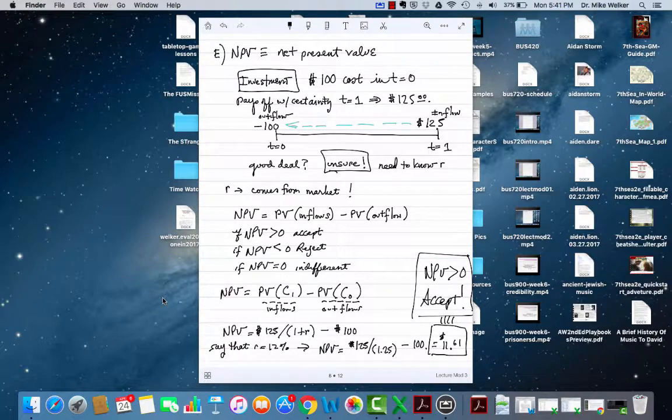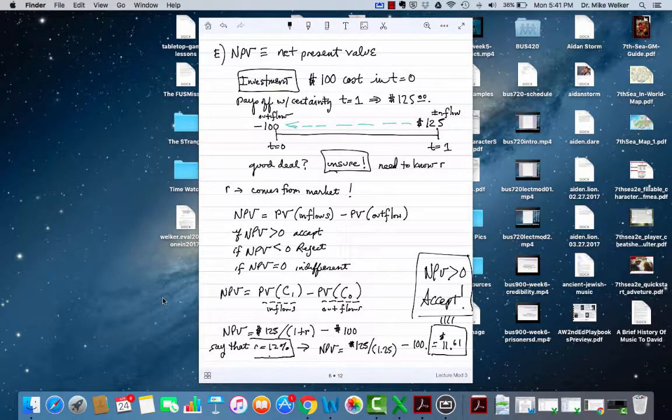Now, the alternative way to think about that is, I could take the $125. I could have said, well, imagine having $100 at 12% interest. $100 at 12% interest generates, in time period 1, $112.